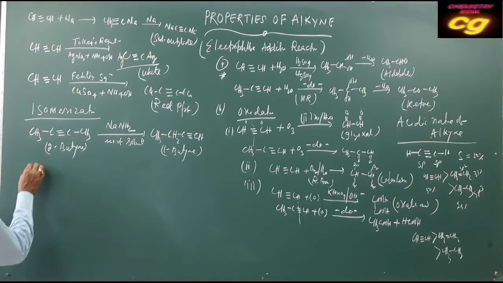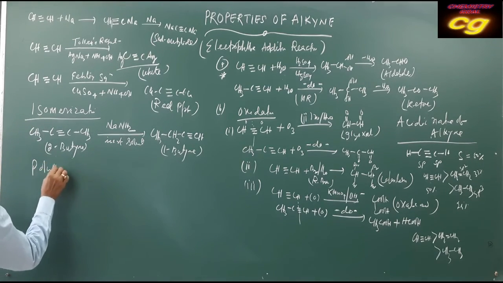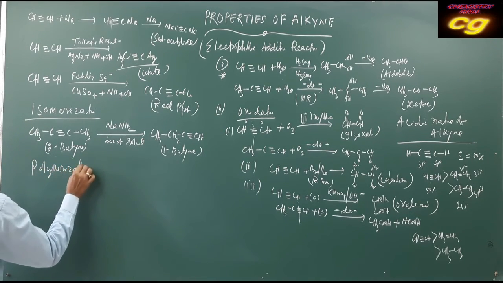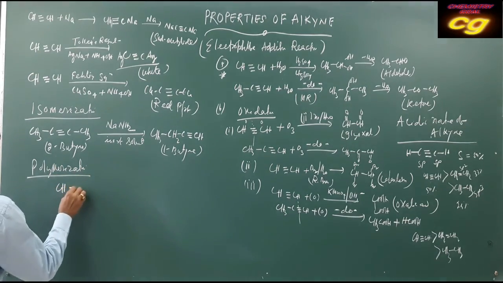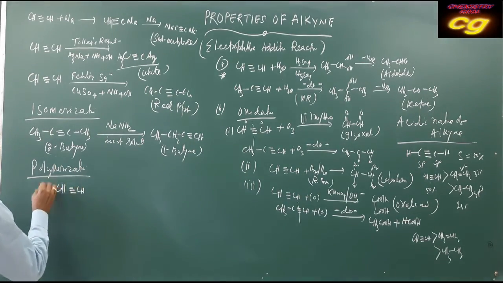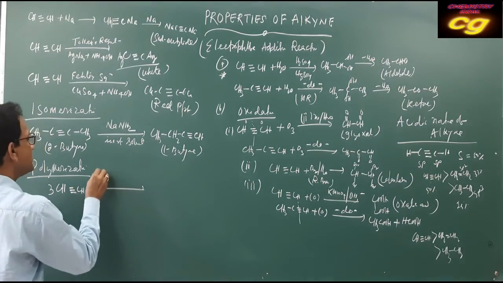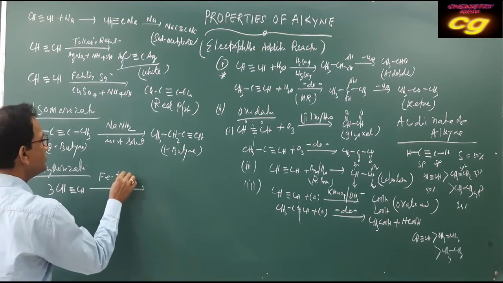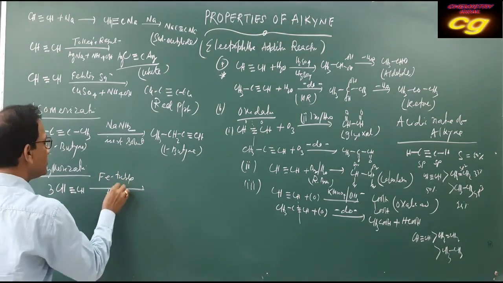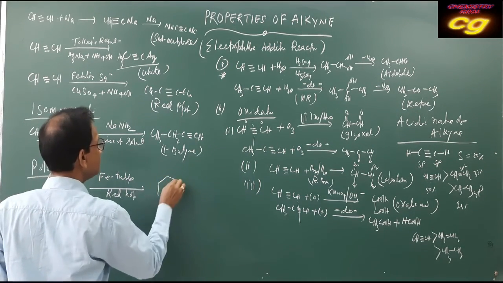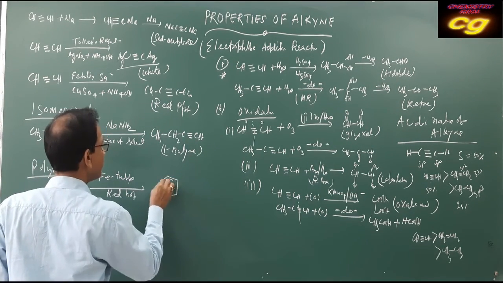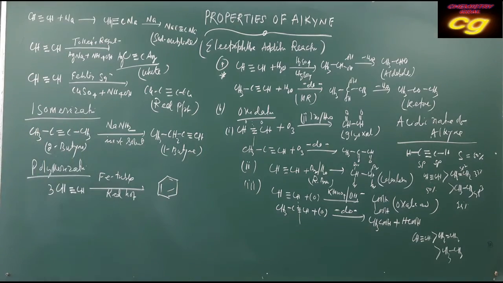And polymerization reaction: 3 moles of acetylene when heated in the presence of an iron tube and red hot produce benzene. This is polymerization.